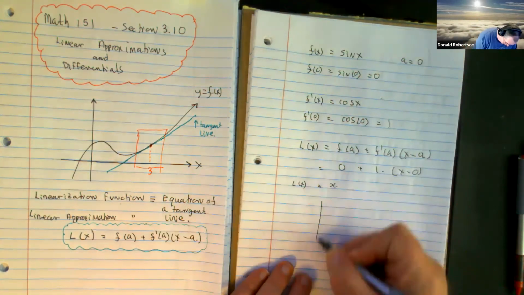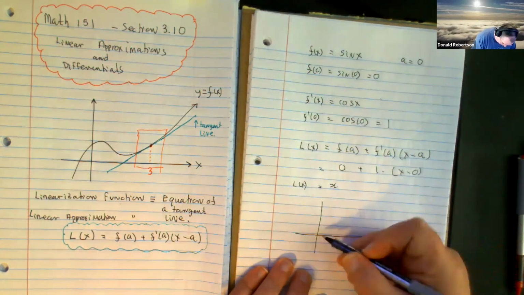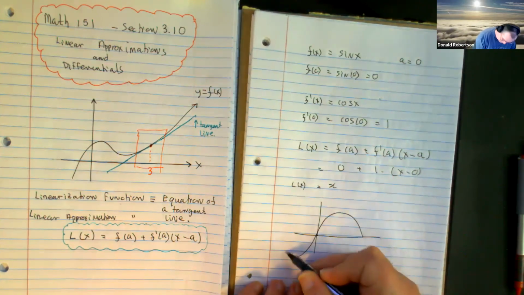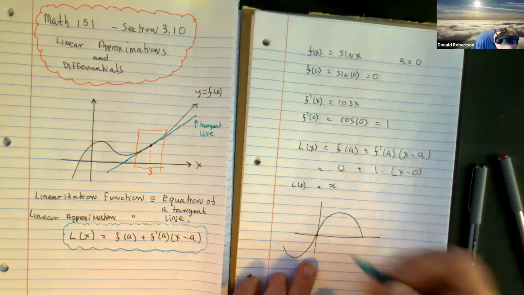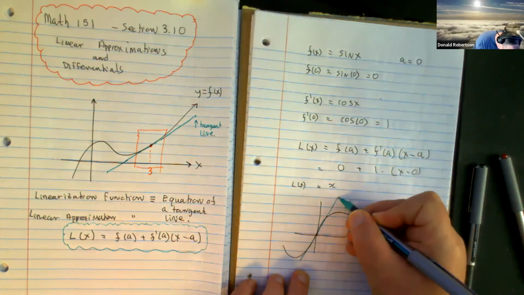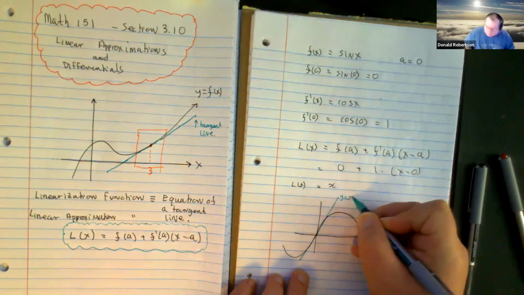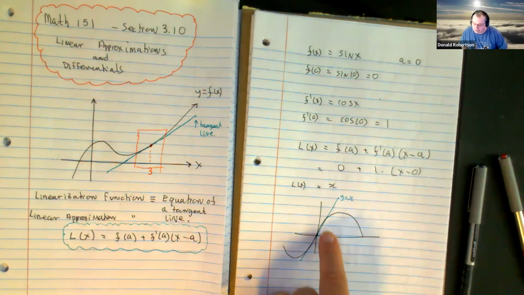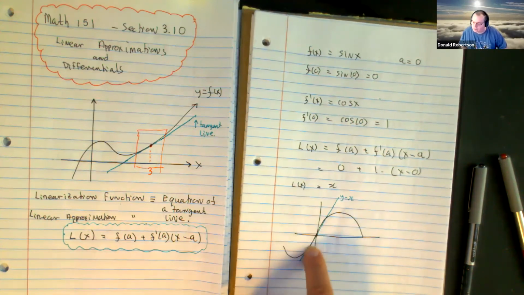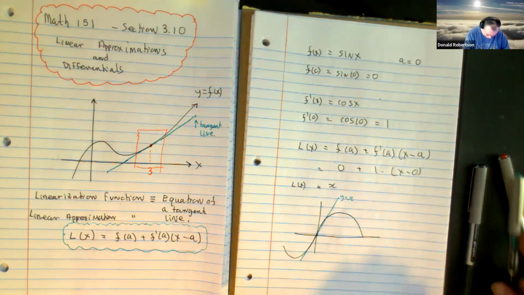So if you did in Desmos the sine function, and you found the tangent line at 0, it would look something like that guy, wouldn't it? Would you agree that it's pretty close to the sine curve when x is close to 0?